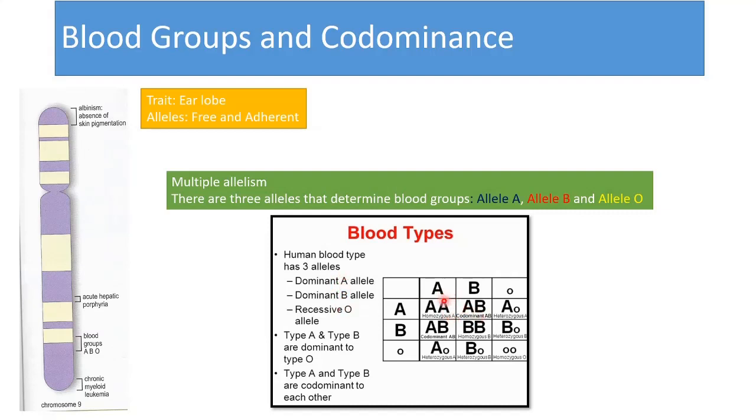Allele A is dominant over allele O, as well as allele B is dominant over allele O. So A and B are dominant over O, so O is recessive. But when allele A is present with, or coexists with, allele B, both of these alleles are going to be expressed. So they are codominant with respect to each other.